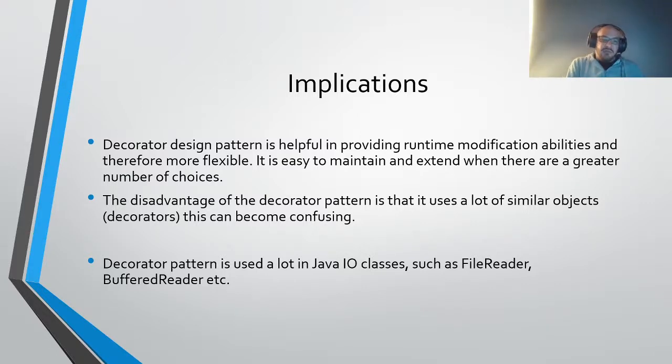And some of the disadvantages is that the code can go quite big and quite confusing, because for each new feature you need to add a new decorator. So that might be a little bit confusing. But as we saw already, this is used in other structures such as the file reader or the buffer reader.